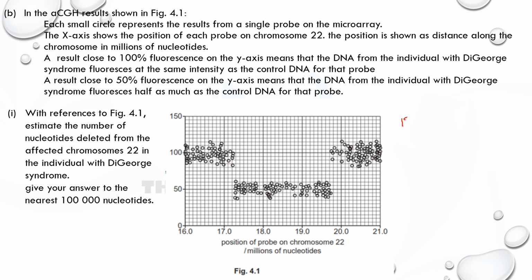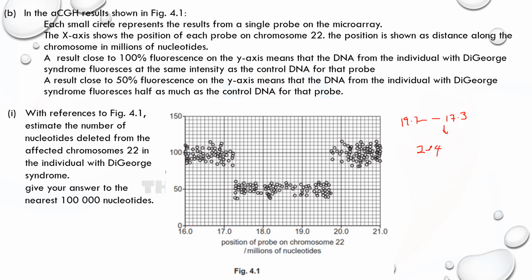We want to estimate the number of nucleotides deleted. 19.7, very important, minus 17.3. What does that give you? That gives you 2.4. That's 2.4.